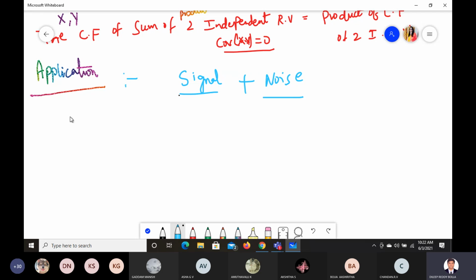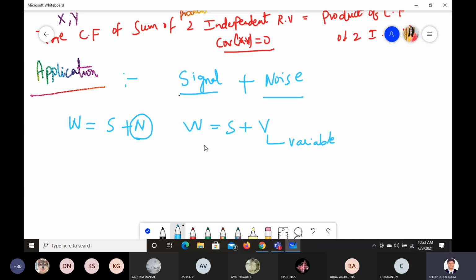So here W is your actual signal plus noise, or let us say W is the signal plus some variable, because noise is not a fixed value, it is a variable quantity that is also transmitted.